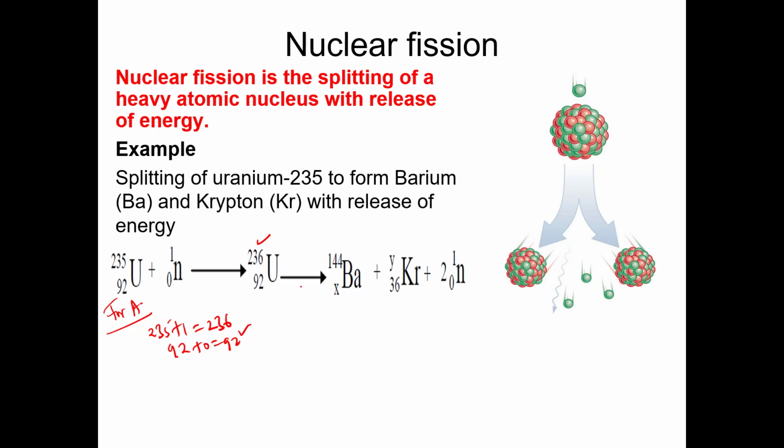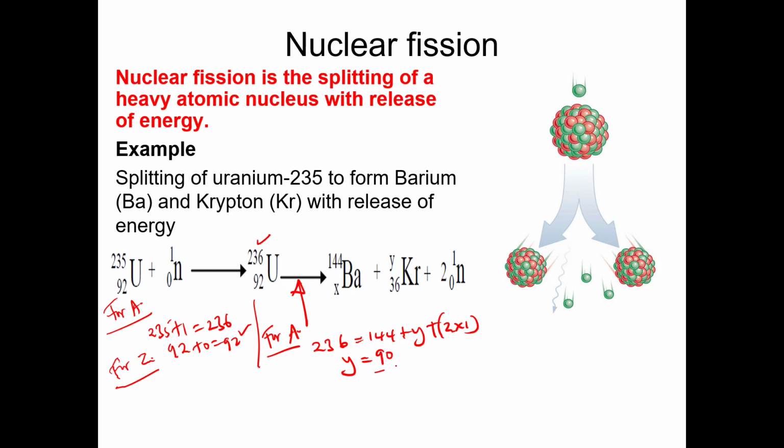Now you go to this other arrow here. For the atomic mass, we shall say that 236 is equal to 144 plus y plus 2 times 1. What does this give us? It will give us our y as 90.